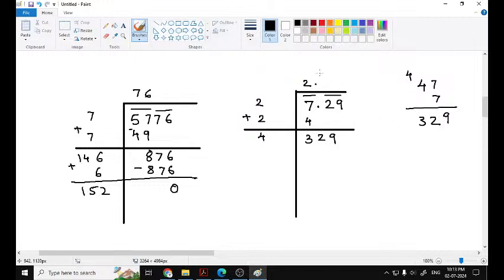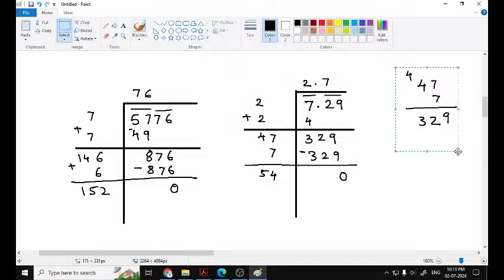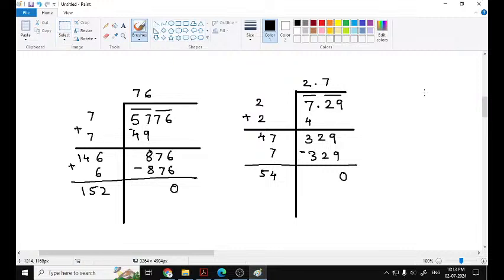Therefore we write here 7. Addition is 54 and the multiplication is 329. Therefore the square root of 7.29 is 2.7.